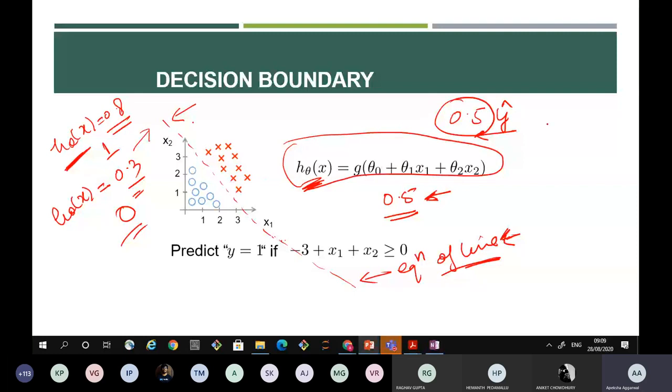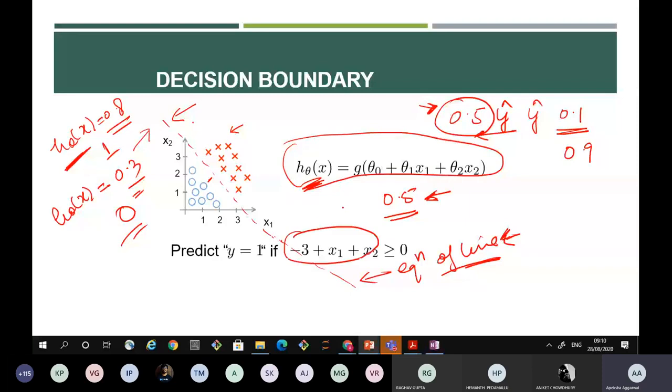My predicted y should always be something like 0.1, then it belongs to this class, or 0.9, then it belongs to that class. If it is predicting 0.5 for any training example, then it is not a good output. So this line basically depicts the hypothesis, containing the values of theta naught, theta 1 and theta 2.